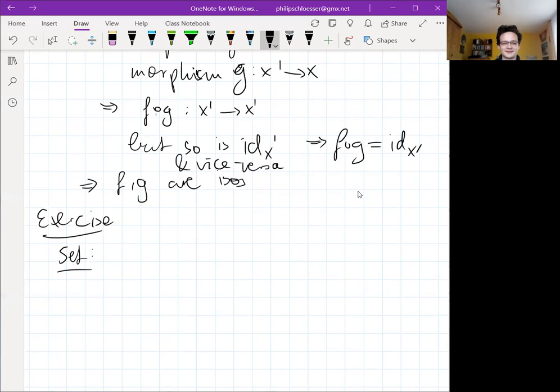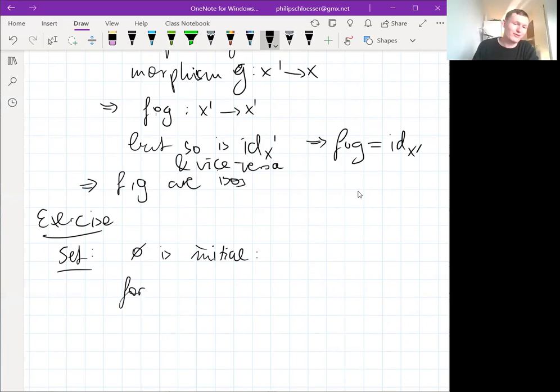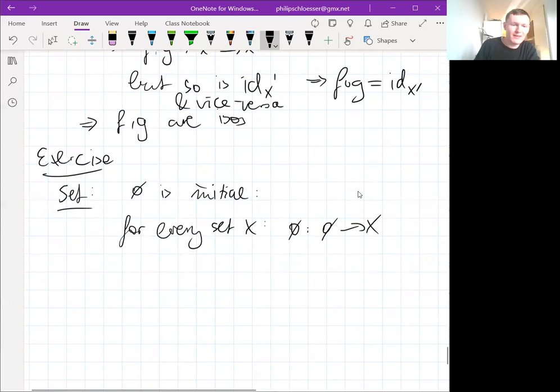Yes. For every set X, we have the empty map going from the empty set to X. That is a morphism, and you can't really define any other maps on the empty set.